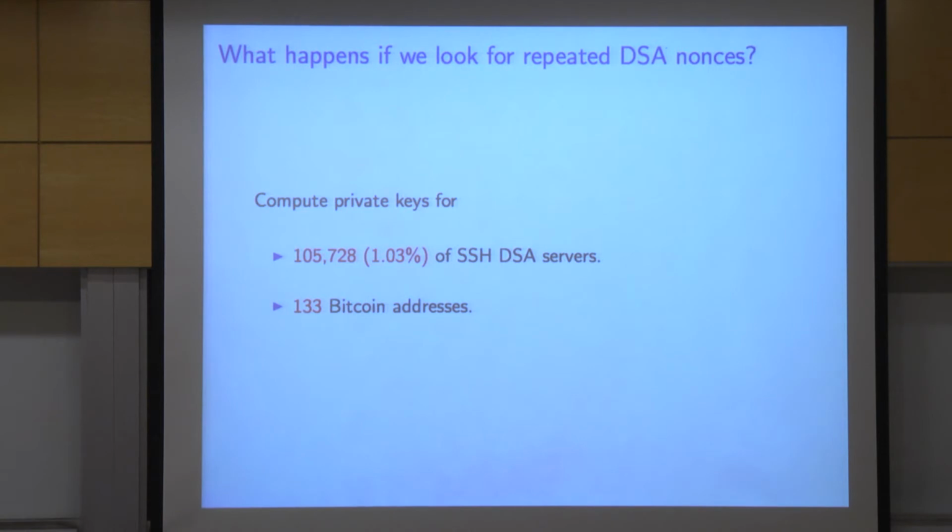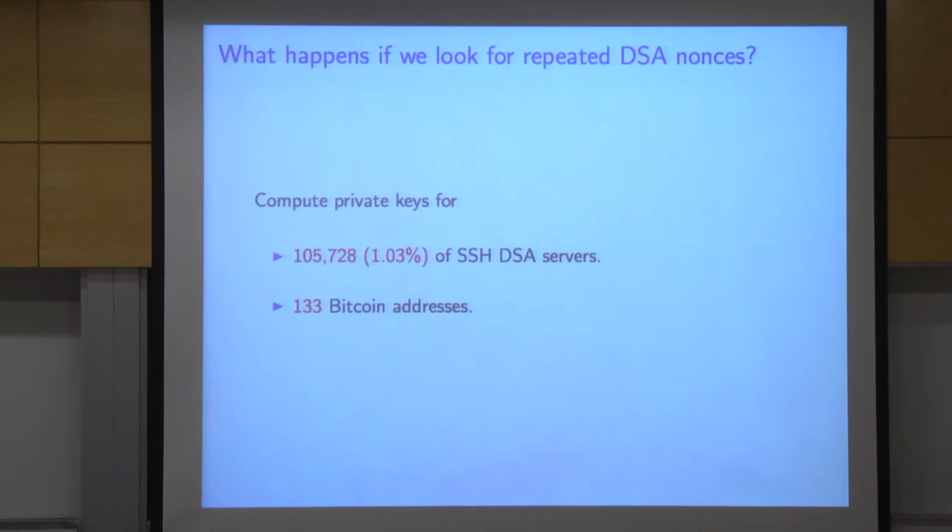What happens if we look for repeated DSA nonces? In the case of SSH, SSH's usage of DSA is handy because if we collect a bunch of SSH handshakes, we get signatures along with the public keys, so we can just look for collisions.